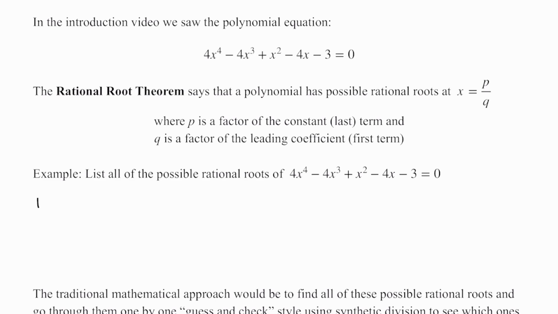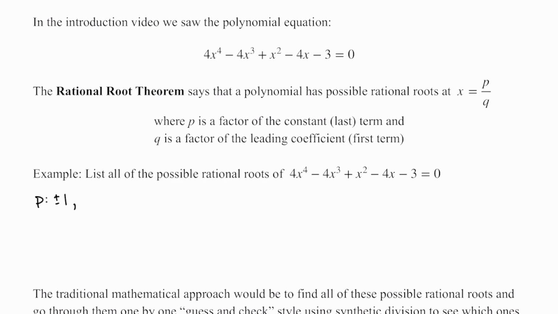We can first start by identifying all of the p-values. The p-values are the factors of the constant term of the polynomial equation, and they include all negatives and positives. If we can divide that number evenly by anything, it works. So positives and negatives, but we don't have to write +1 and -1. We can just write plus or minus 1.